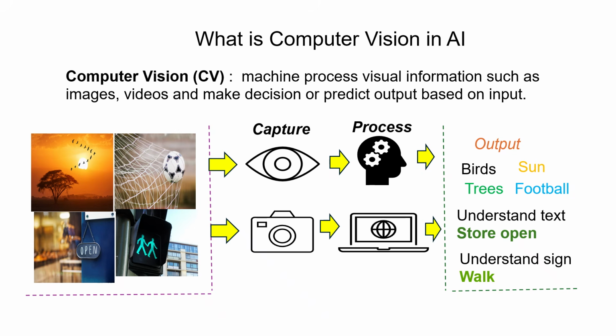The camera captures these images, and computer vision AI techniques not only identify the objects, trees, football, but also understand the text in the image, that is the word open, which indicates the store is open. Computer vision algorithms also understand the meaning of symbols, that the traffic light indicates ready to walk or cross the road. Now let us look into the applications of computer vision in the next slide.